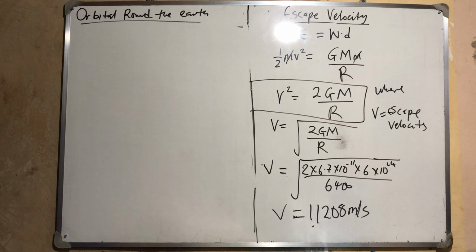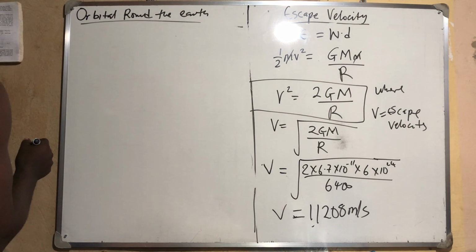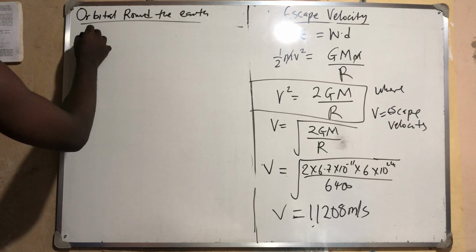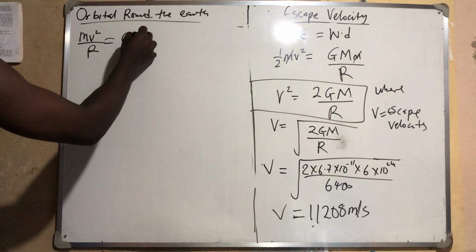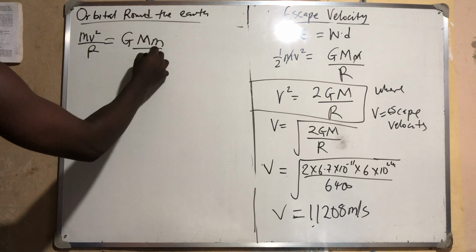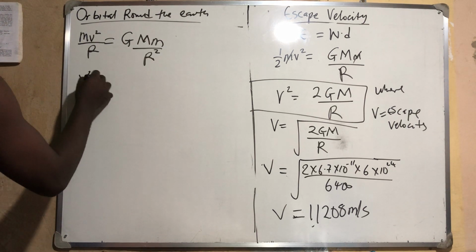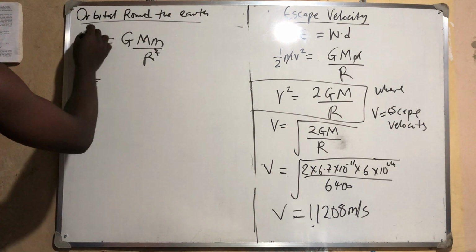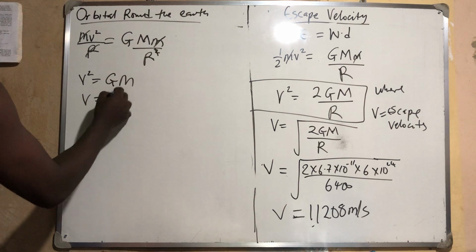So we want to calculate the velocity of orbitals of any body that is around the earth. They say that is given by mv squared over r is equal to GMm over r squared. Cross multiply, take care of one of this, and this takes care of this. So I have that v squared is equal to GM. So v will now be the square root of what?